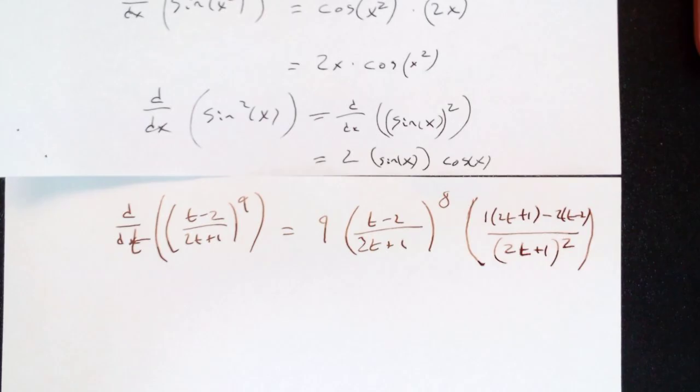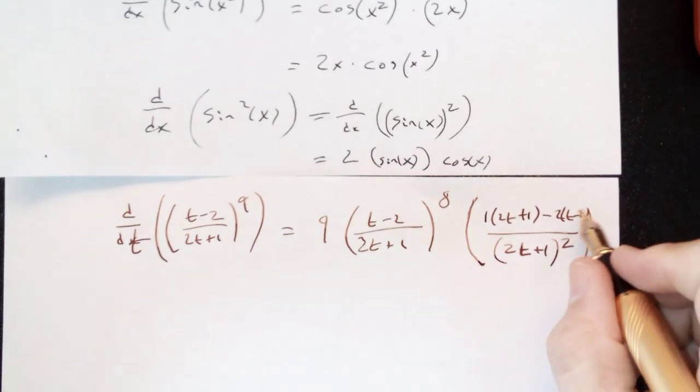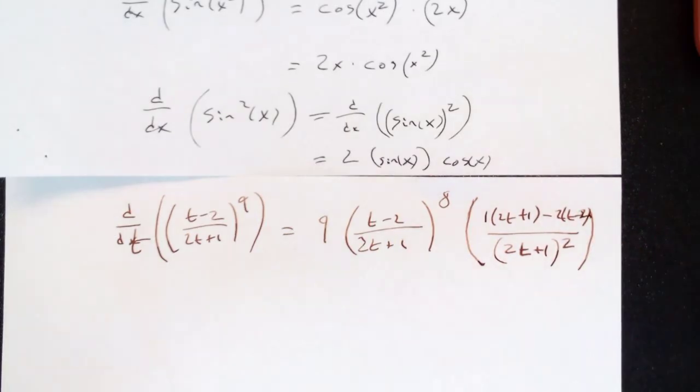Method number 1. Trinity, you just look like I hit you in the head with a fish. Talk to me. Oh, yes, my handwriting is bad. 2t minus 2. I was jamming up against the edge there and started to run out of room in my parentheses. That's method 1.